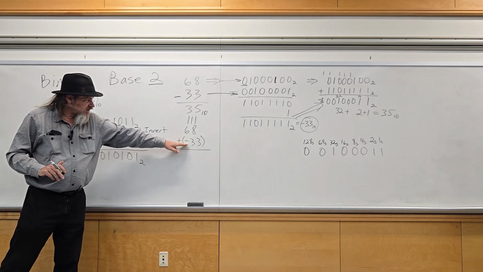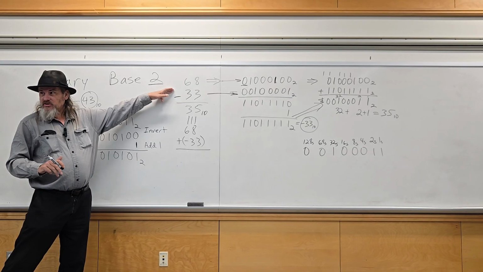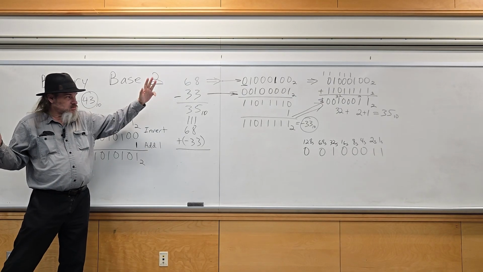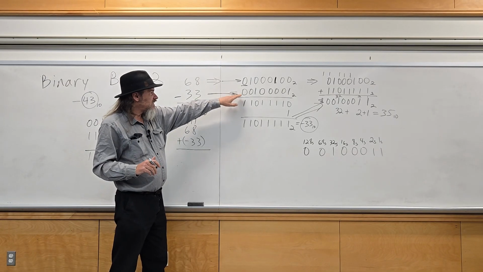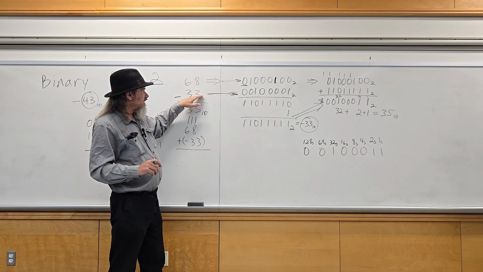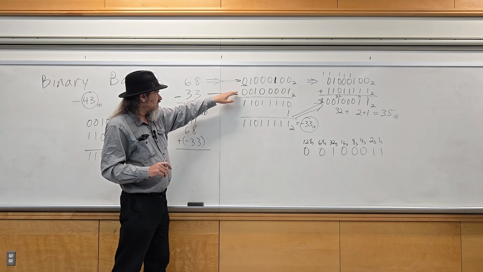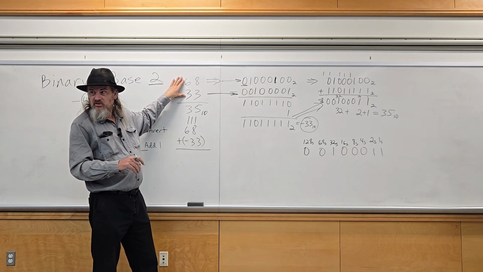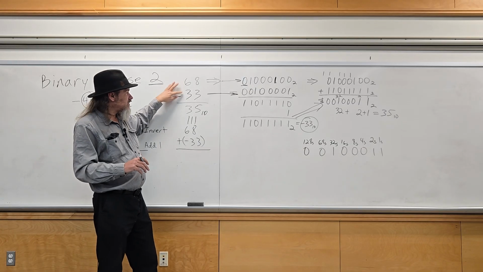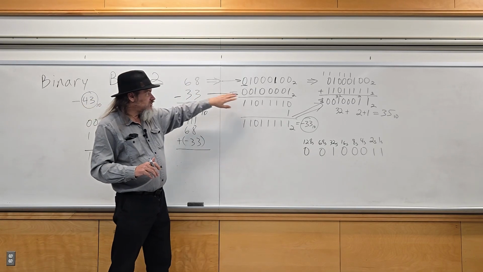So adding a negative number is the same as doing subtraction, right? Okay. So this is converting the magnitude of each of these numbers, 68 and 33, to binary.